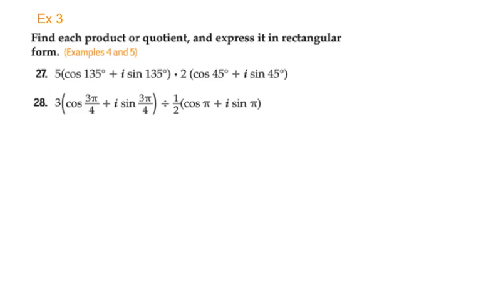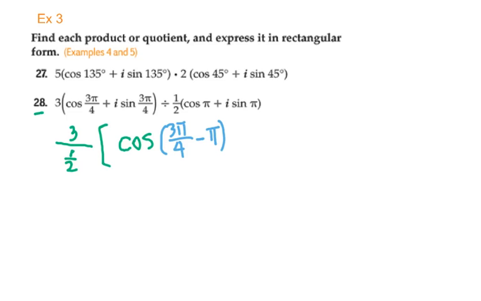Now let's do 28. For 28, we do 3 divided by 1 over 2. Then we do cosine 3 pi over 4 minus pi, plus i sine 3 pi over 4 minus pi.